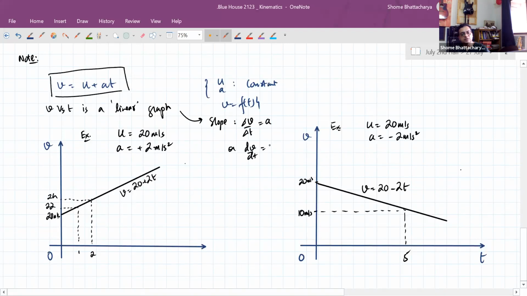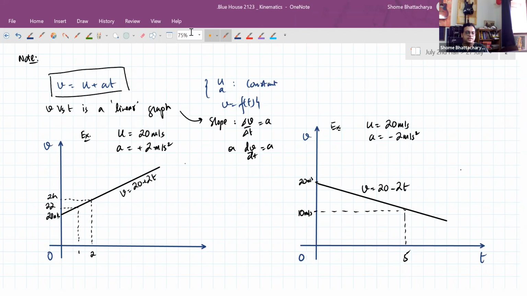That's the same thing as dv by dt, because that is the property of a straight line. As we have discussed earlier, linear functions have the property that the instantaneous rate of change is equal to the average rate of change, which is equal to a uniform quantity or a constant. So all that analysis in calculus that we had done before comes directly into practice over here in this kinematic situation.